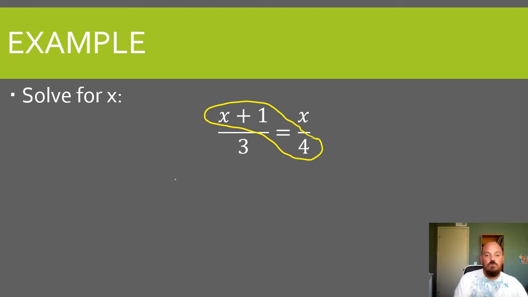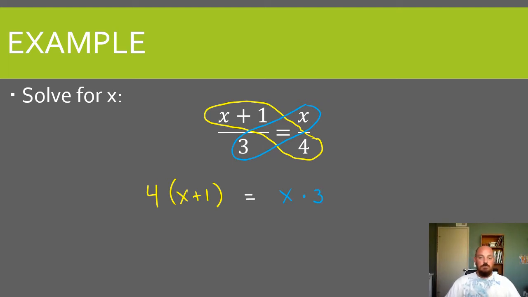I have x plus 1 times 4. I'm going to put the 4 out front instead of after it because that's where I like it for distributive property. And then for our other one, we have x times 3. We are going to make an equation out of those again, and then we'll solve it.